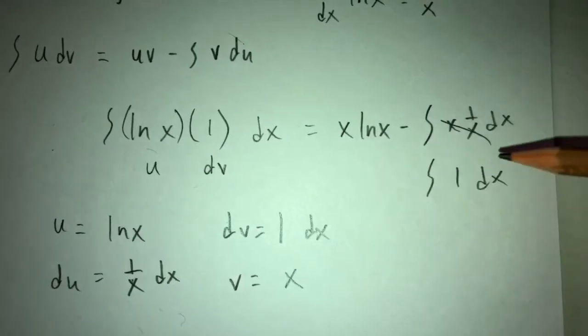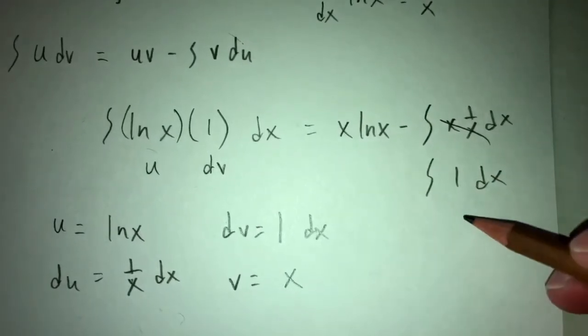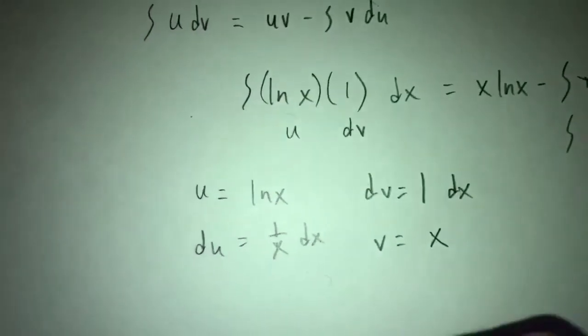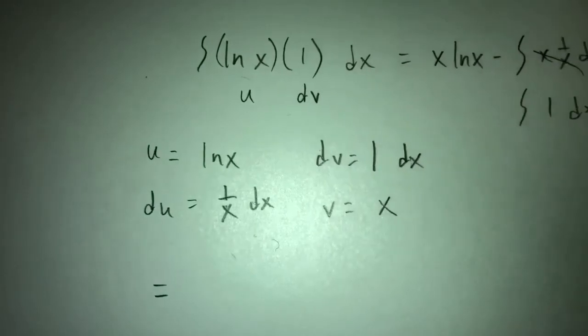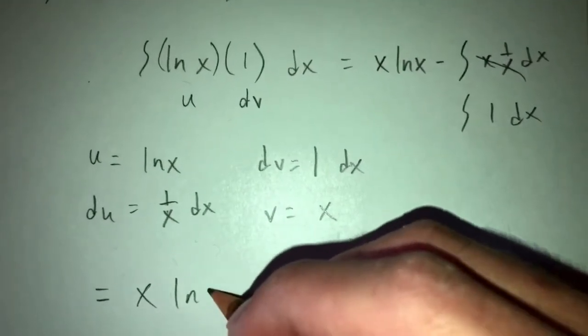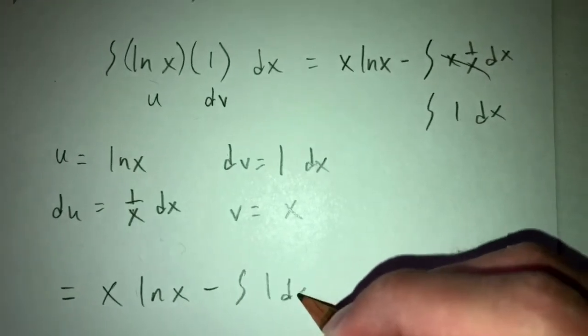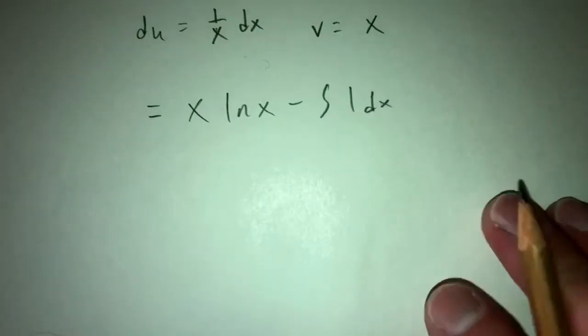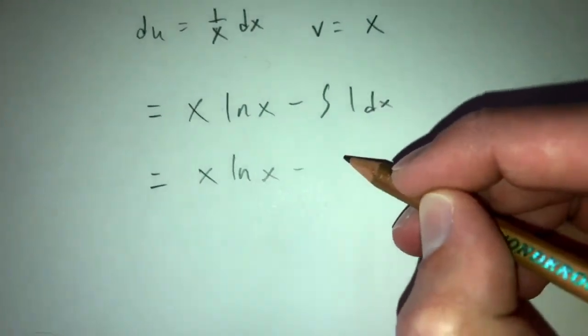So basically what we have now is a much simpler integral. The integral of 1 we know is just x, so this entire integral is going to be equal to x ln x minus the integral of 1, which is just equal to x ln x minus x.